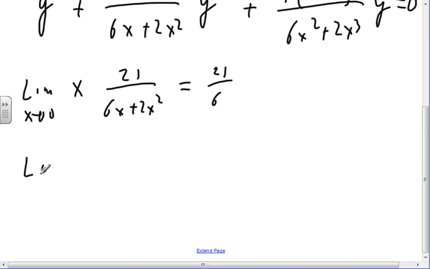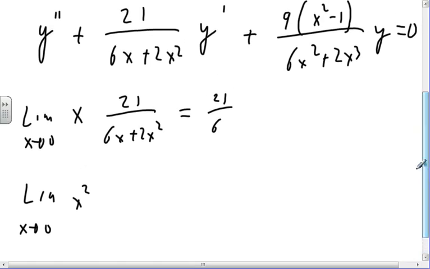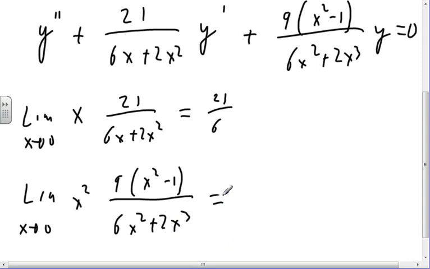And I'm going to look at the limit of x going to 0 of x squared times (9x squared minus 1) divided by (6x squared plus 2x cubed). And I'm going to see that that's going to be minus 9 over 6. Both exist.